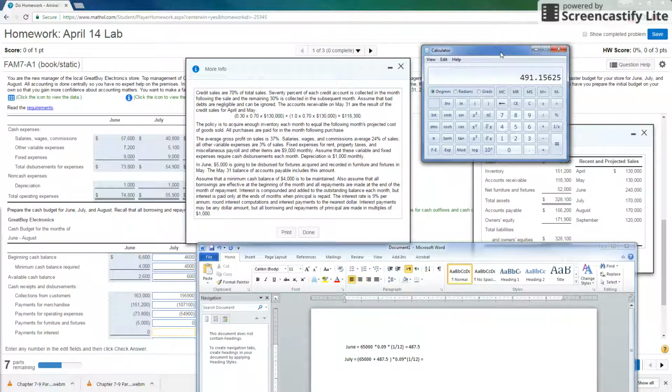So 491. So what's the total number that I'm going to pay? It will be the summation of those two as an interest. So I will pay 491 plus 487 point is 978, which we have to round to the nearest integer.